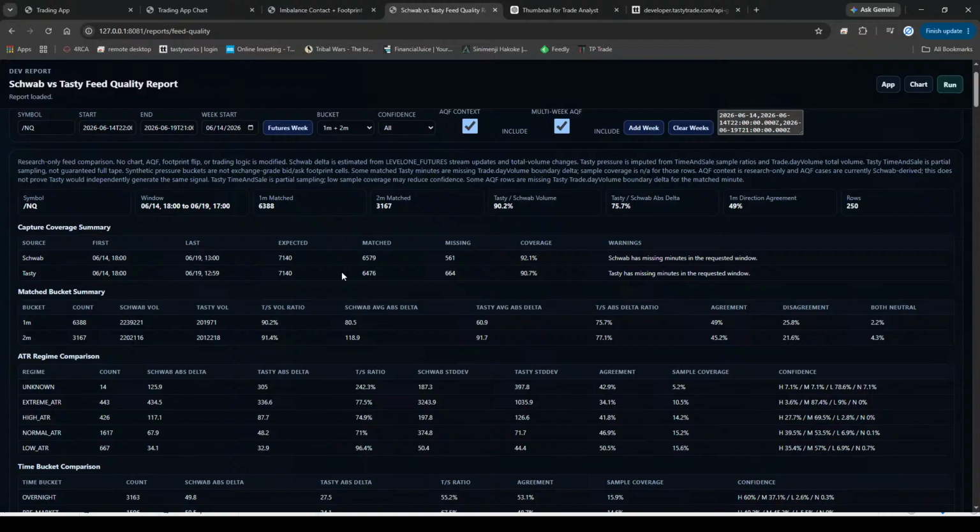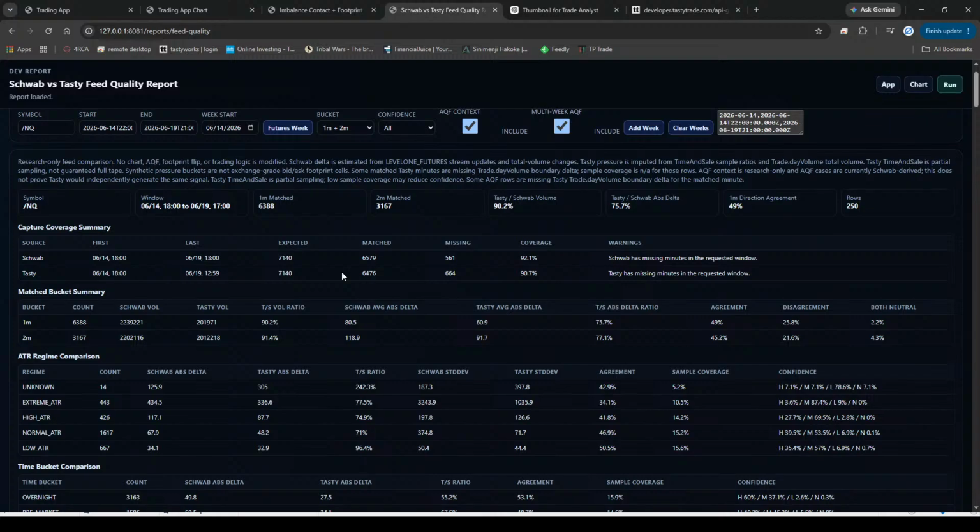And the Schwab will overstate, and the Tasty trade will be closer to what probably is the true delta, because I am given a mix, at least, of the buyers and sellers, and so I am getting a more accurate delta extrapolation out of that versus the Schwab one.